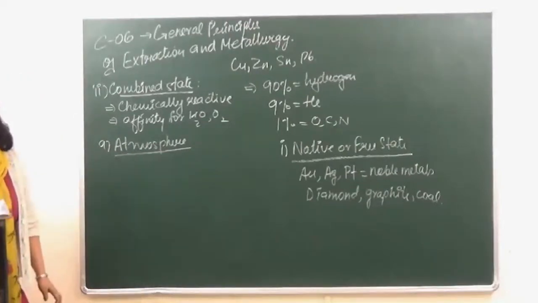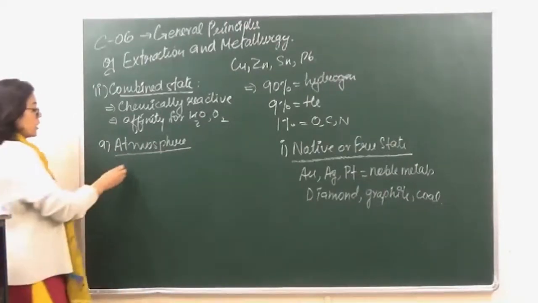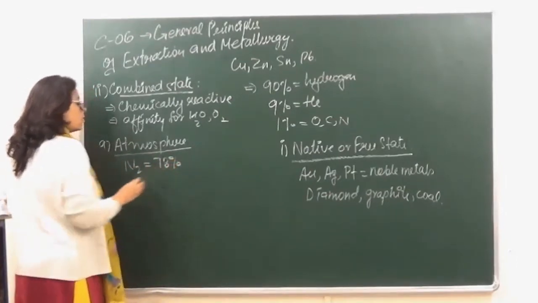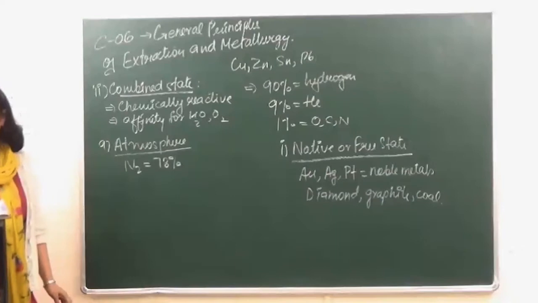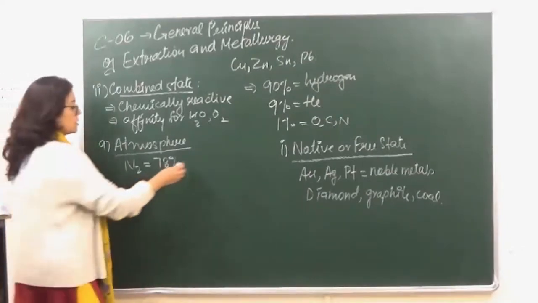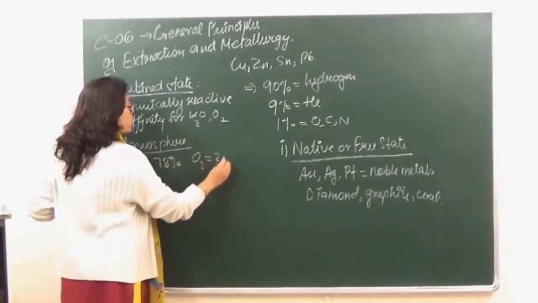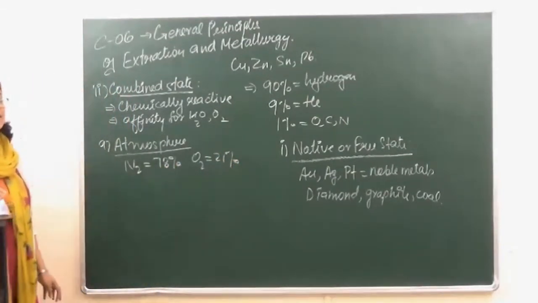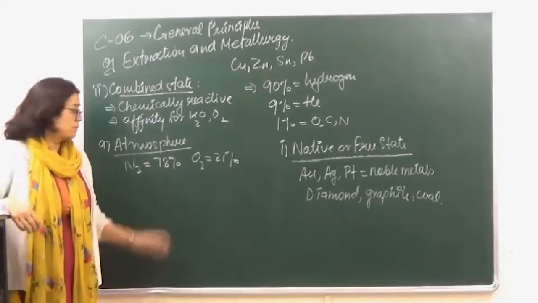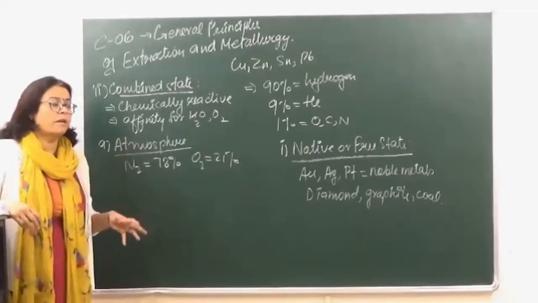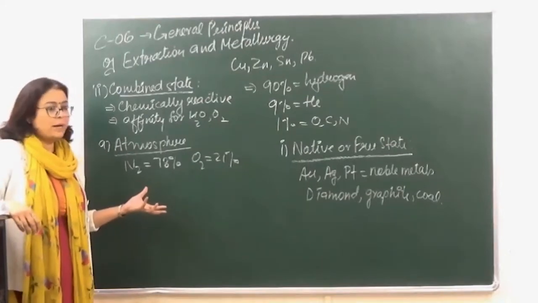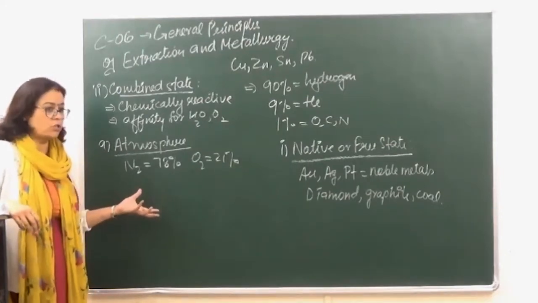In the atmosphere, the major elements present are nitrogen, which is 78%, then oxygen, which is 21%. These gases are present in terms of volume. When we take the entire volume of the atmosphere, 78% by volume is nitrogen, and 21% by volume is going to be oxygen.